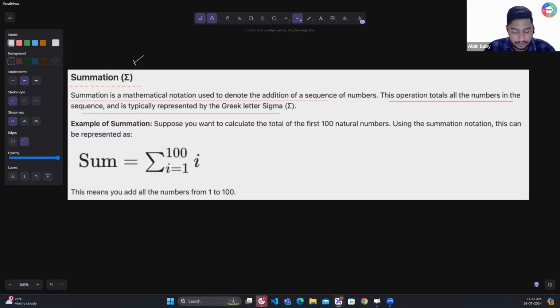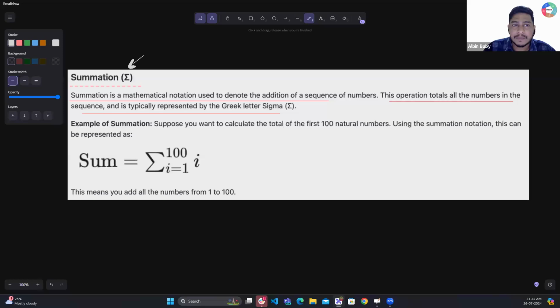So this is known as what, guys? This is known as sigma. Okay. Example of summation. Suppose you want to calculate the total of the first 100 natural numbers. You want to find the sum of the 100 natural numbers using the summation notation.